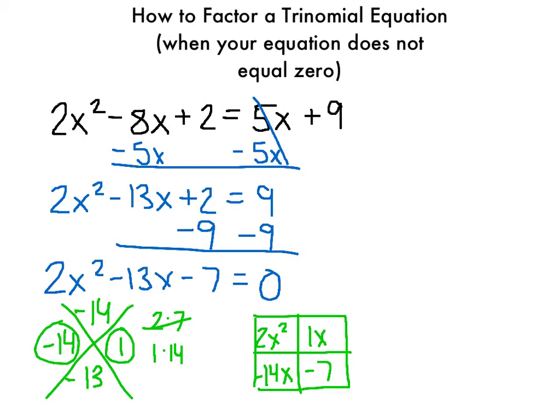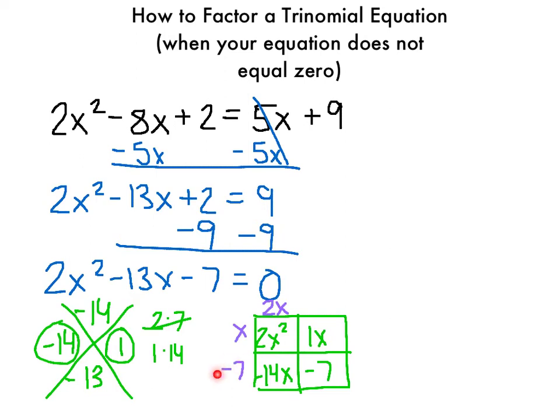Now, go ahead and change the color again here. We've got to look at the greatest common factors between each one. The greatest common factor between 2x squared and negative 14x is going to give me 2x. X has to go on the outside because x times 2x is going to be 2x squared. Then I have to figure out what number multiplies with 2x to get negative 14x. That's going to be negative 7.